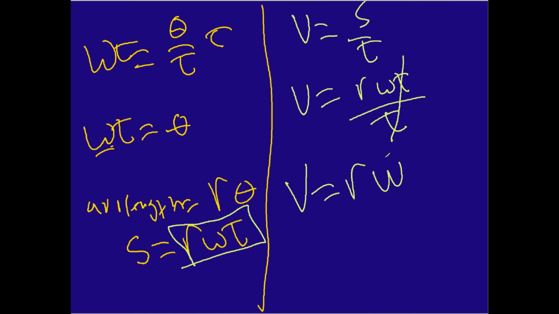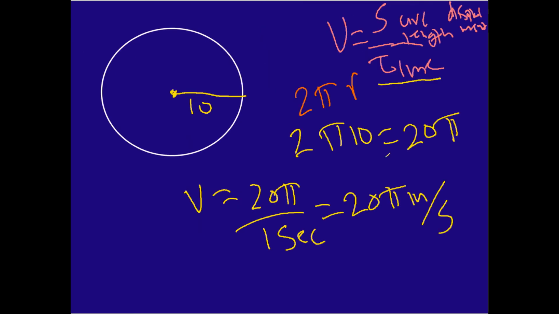In this particular video, let me go back to my first slide here. We talked about angular speed and linear speed. Linear speed is the distance in a straight path going around something. It's the distance of a straight path.